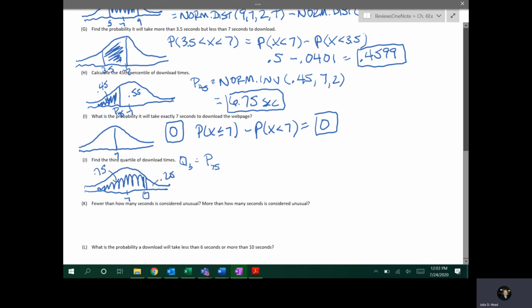Again, this time I'll label this Q3 instead of X. To the left is 0.75. Or 8.35 seconds.